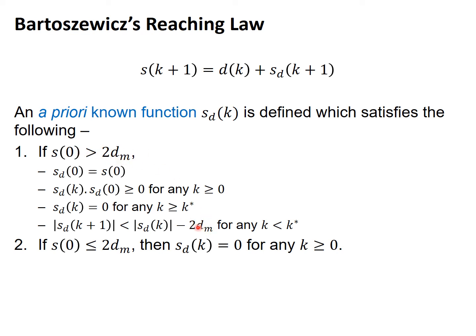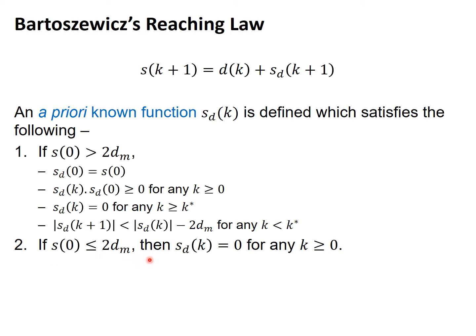So by a distance of 2 dm, it is decreasing. So there is a decrement by 2 dm, and then there is some k star which we get, and from that k star instant it comes to 0 directly, and then it continues to be 0. That is how it is defined.